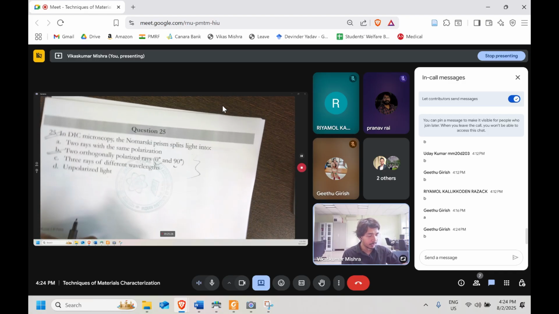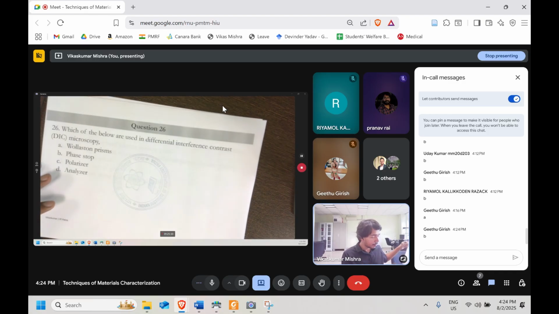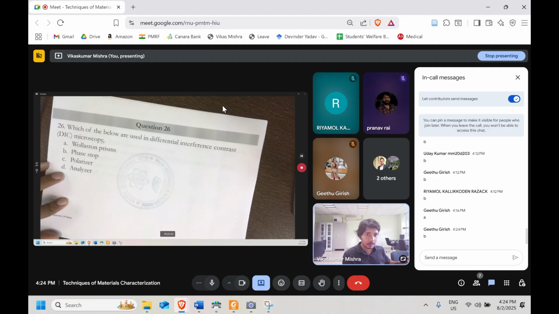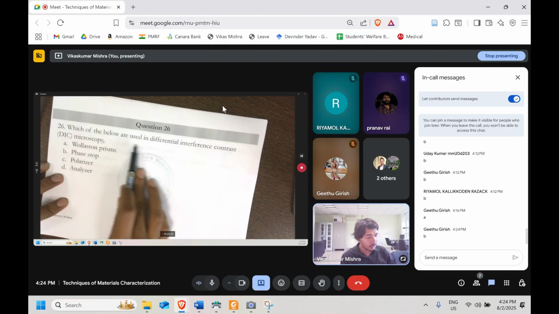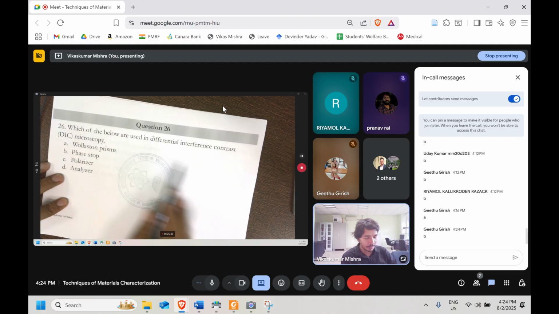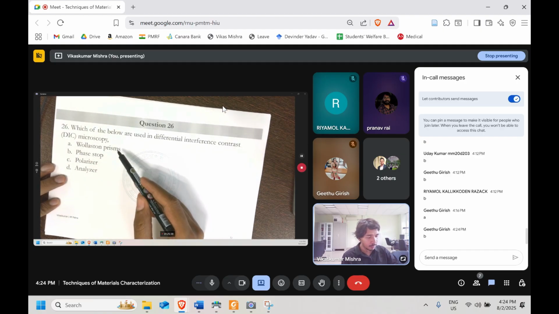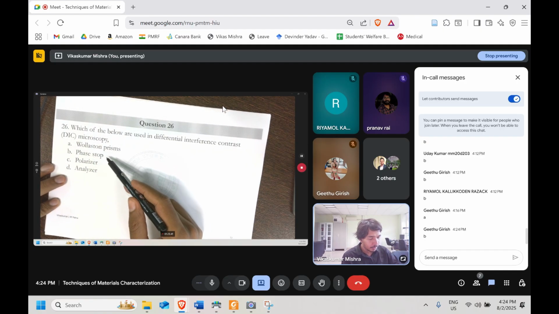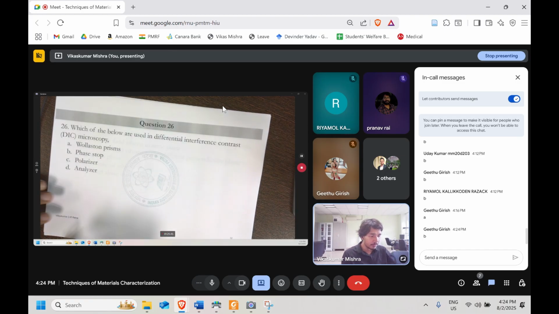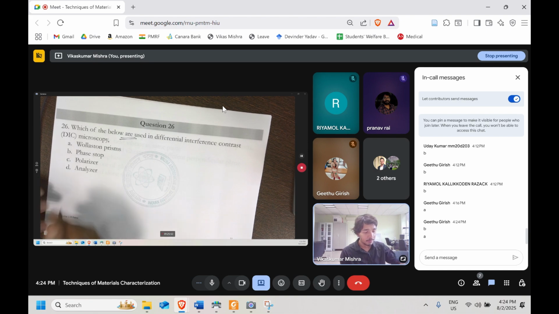Let's move ahead to the next one. Question number 26. Which of the below are used in the DIC microscope? Wilson prism, phase stopper, polarizer, analyzer. Which of the below are used? Very good.